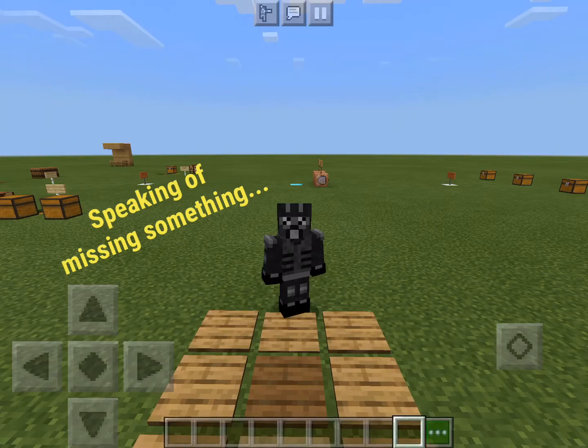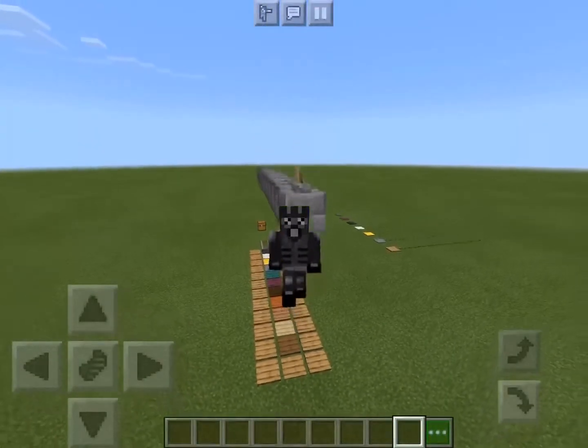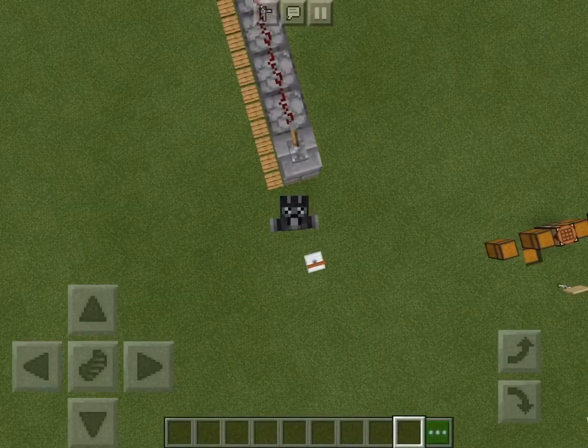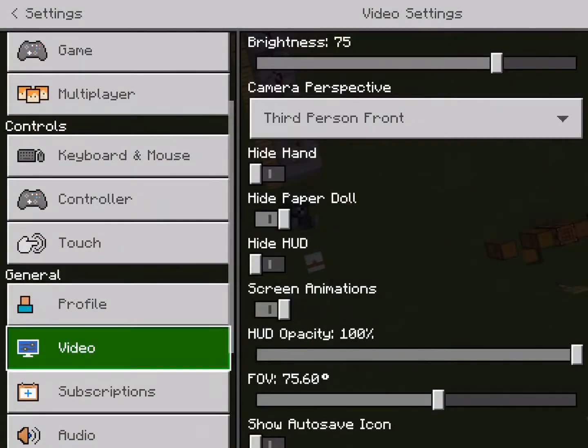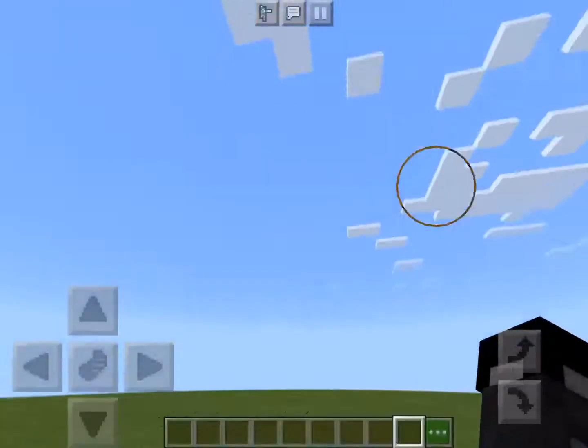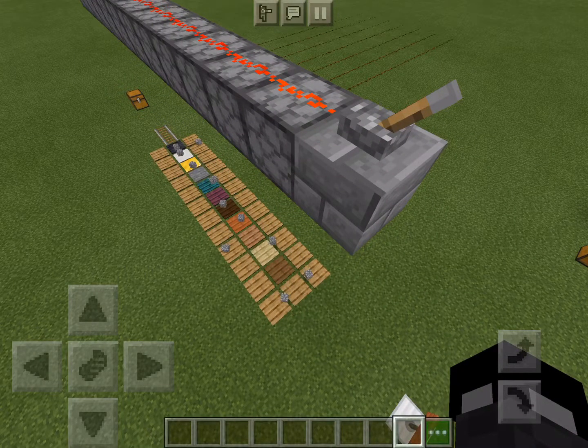So before I end this outro, I was actually just about to do this outro, and I realized that I never used this contraption up here. I'm not even going to try to do this in third person, because that would get ridiculous. Okay. Oh, it looks so weird when they do that.